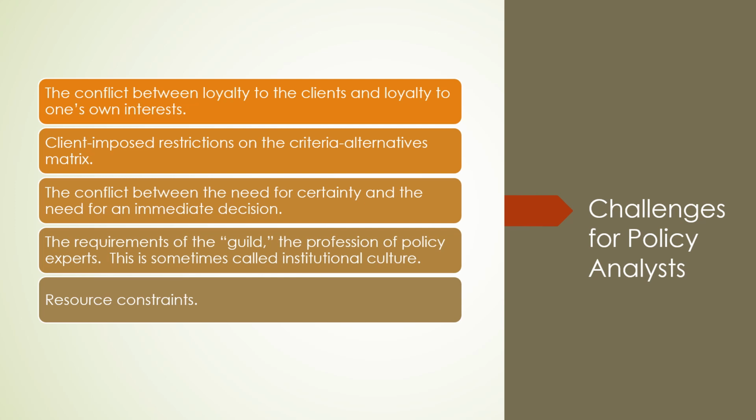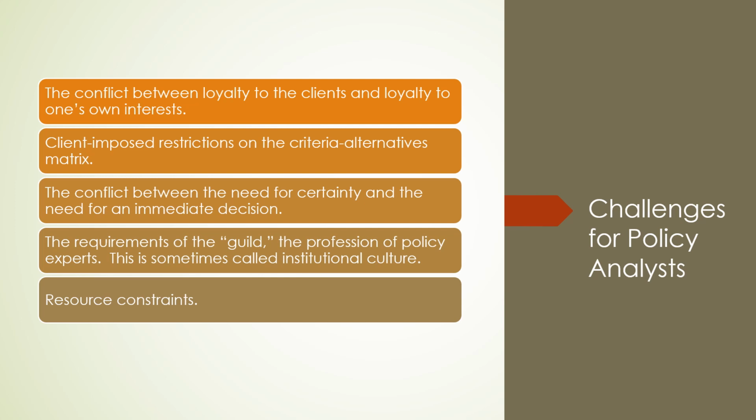Conflict between the need for certainty and the need for immediate decision making. Now this is pretty obvious in a way, right? You could constantly look for more information forever. If you don't know exactly what's going to happen, you might never know exactly what's going to happen.